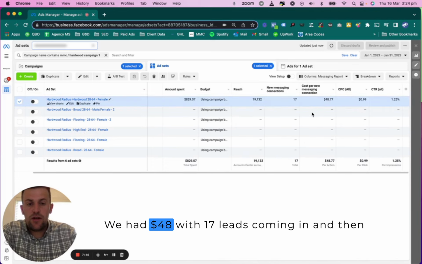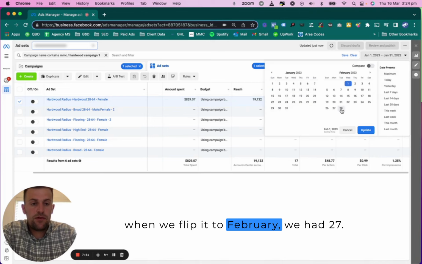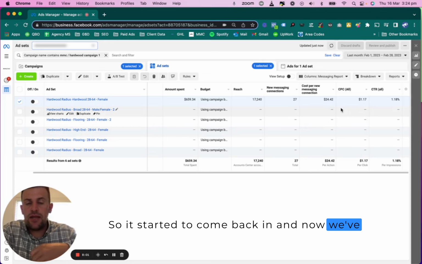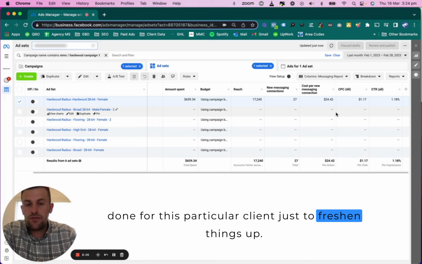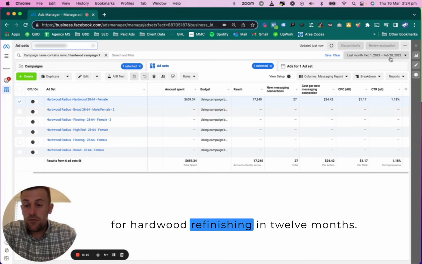We had $48 per lead with 17 leads coming in, and then when we flip it to February, we had 27, so it started to come back in. Now we've got a brand new campaign, a totally new structure that we've done for this particular client just to freshen things up. But like I said, overall 360 leads for hardwood refinishing in 12 months.